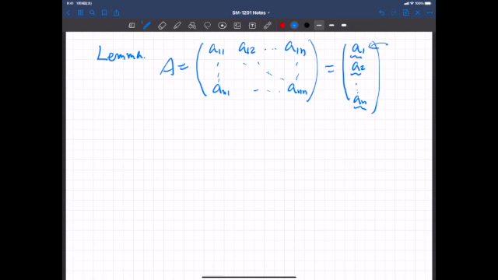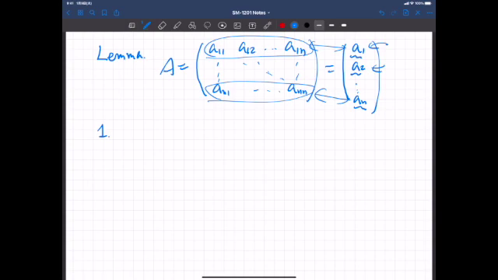Each of these is a row vector corresponding to each row of this matrix. Now the following holds.